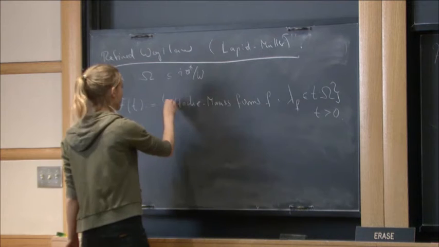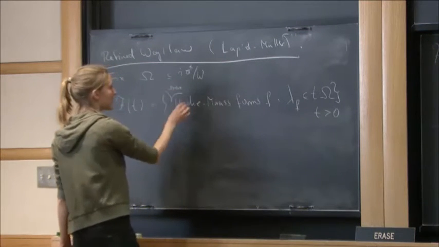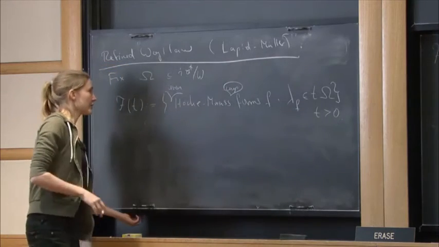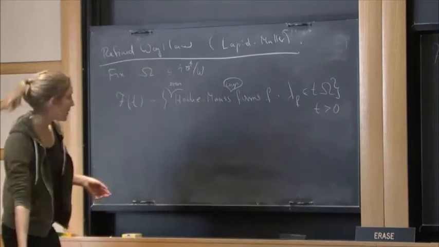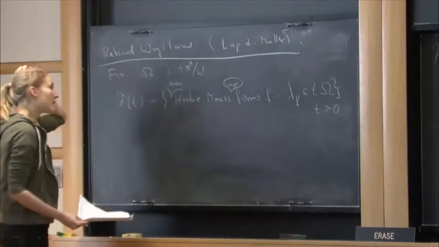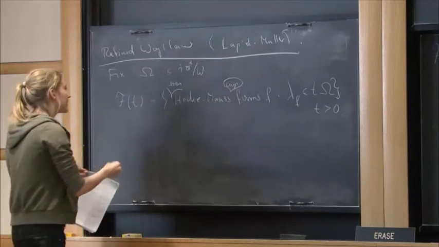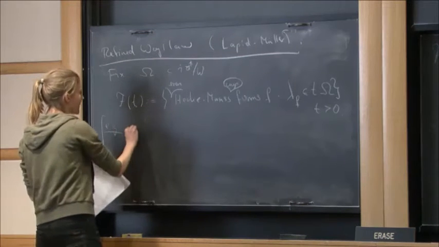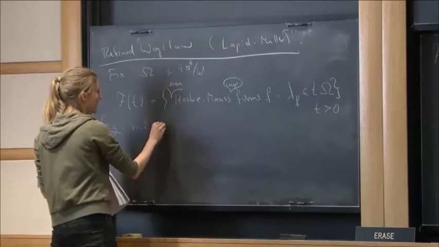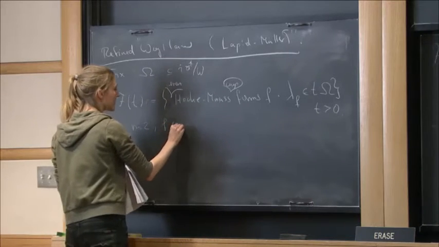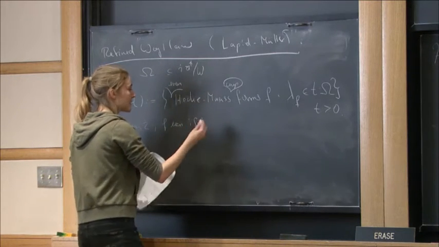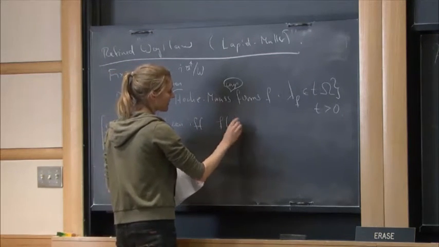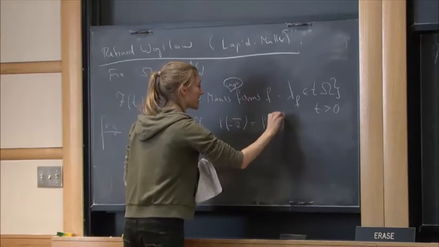And from now on I only consider even Hecke-Maass forms. So you shouldn't worry too much about this even, but when I later want to translate to the idelic picture, it's a little bit easier to consider only even things. So, for example, if n is 2, even just means F is even if it's invariant under some involution, namely F of minus z bar is the same as F of z.